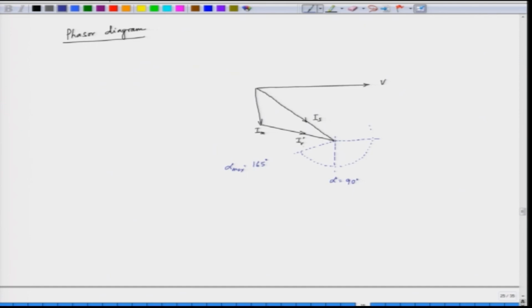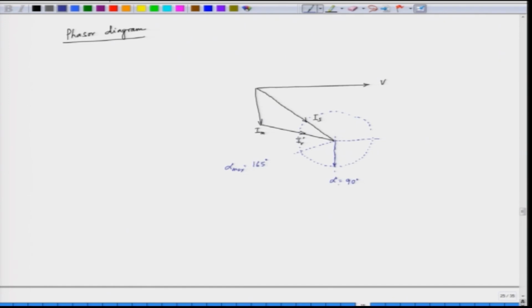So, this varies in a circular fashion, but the range of the alpha is from 90 to 165. The transformer current will have this phase, this value when alpha is 90.